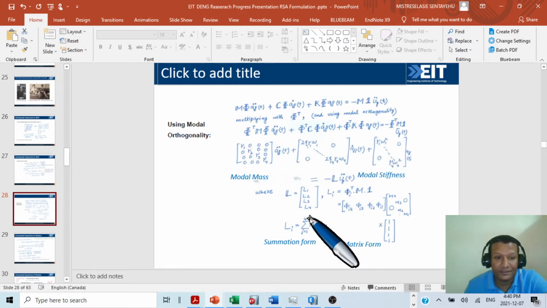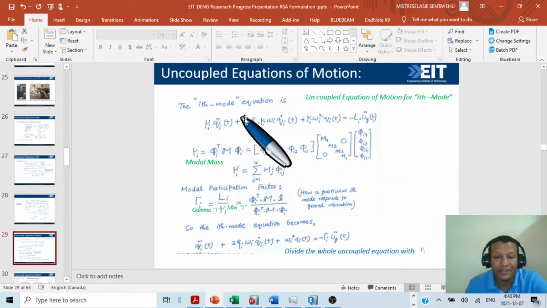So here, when we come here, this is the uncoupled equation of motion of the i-th mode. As you can see, mu q double dot(t) plus 2 xi mu omega i q dot(t), again mu omega square q i(t) is equal to minus L u g double dot.